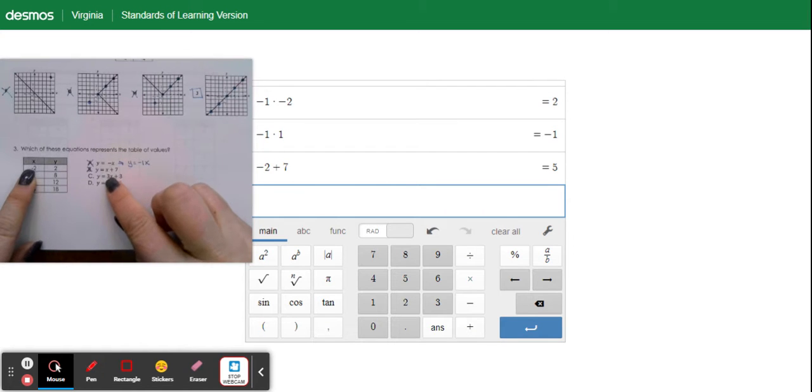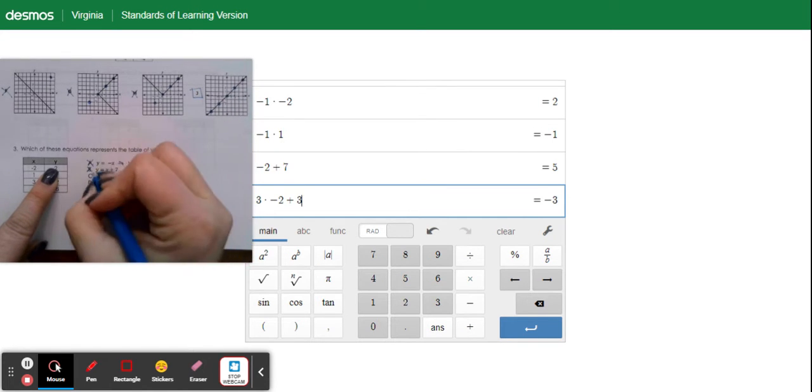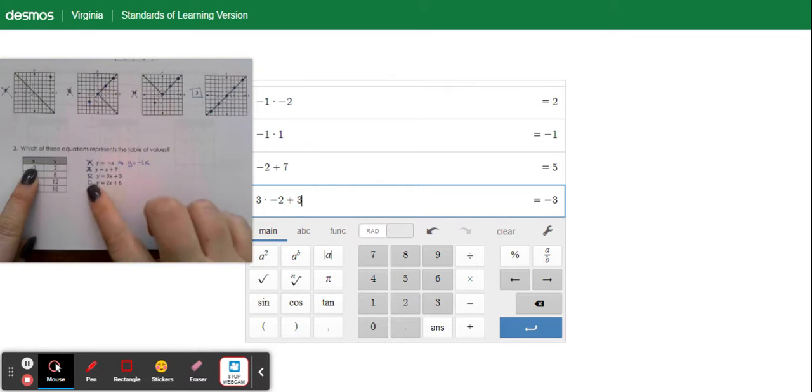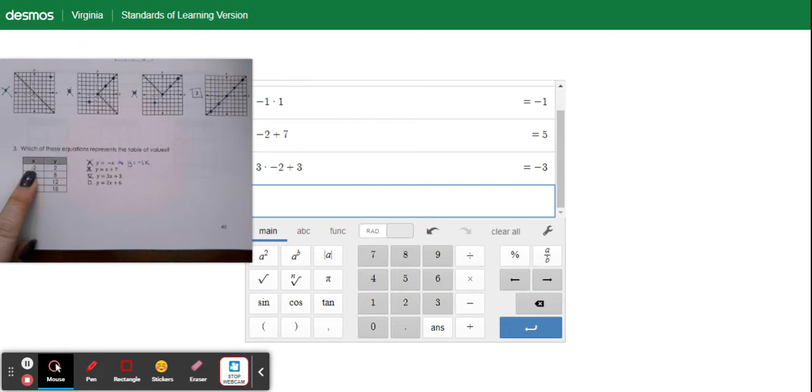This is 3 times x, so does 3 times negative 2 plus 3 equal 2? No. So I'm pretty sure D is my answer, but let's make sure. Does 2 times negative 2 plus 6 equal 2? Yes.